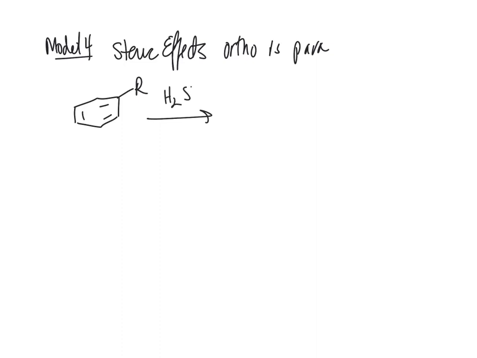So we have sulfuric acid and nitric acid. So this is our sulfonation reaction, right? Oh, actually, no, that's nitration, isn't it? So what's our electrophile? NO2, the nitronium.